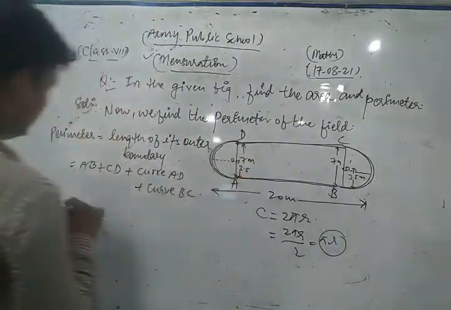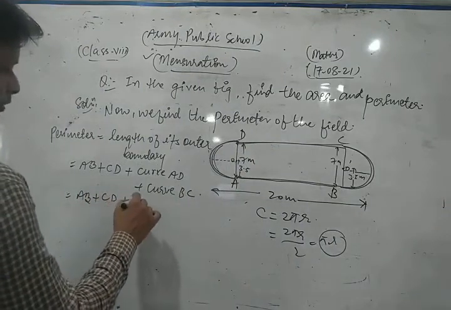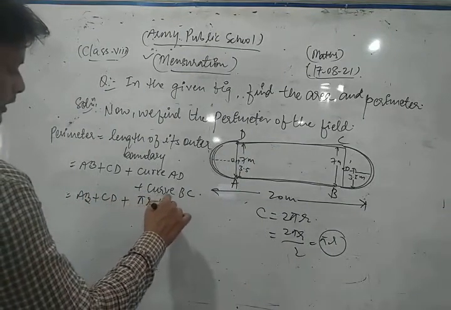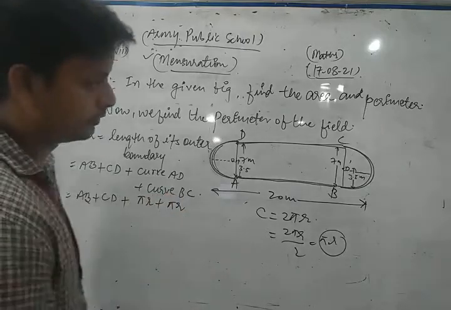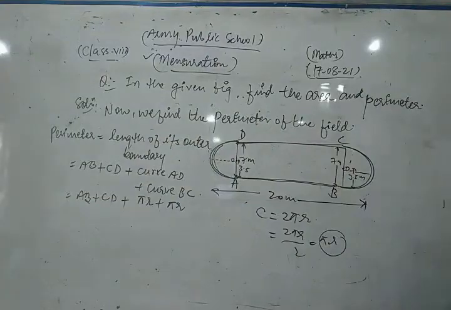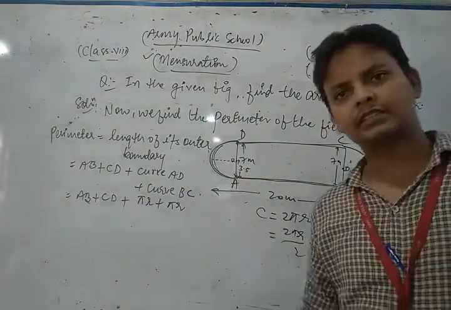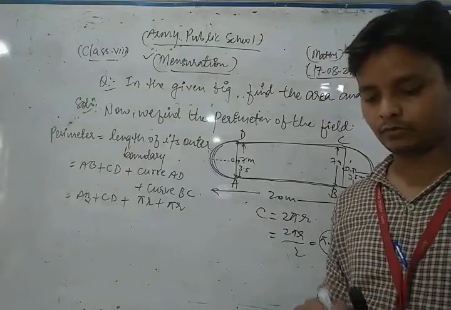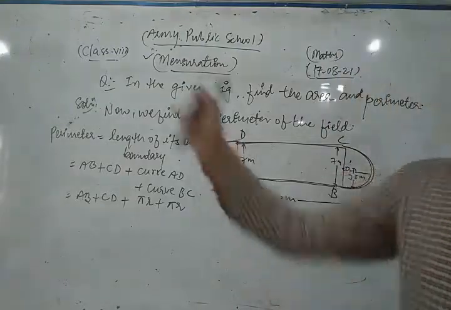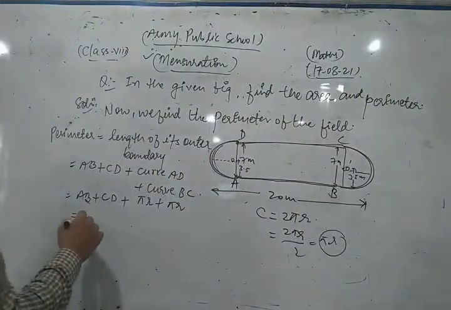Okay, so in this way we write AB plus CD plus curve is pi r plus pi r because, dear students, the radii of both the semicircles are the same.